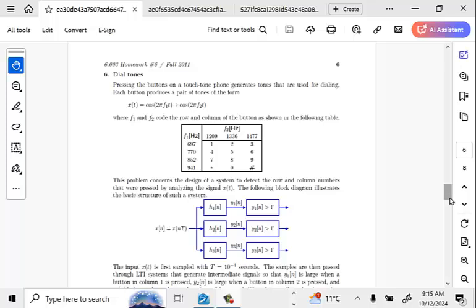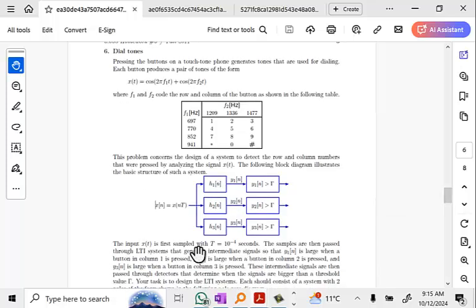Now, the input x of t is first sampled with T equals 10 to the minus 4 seconds. Okay, so that means that we are doing a discrete time problem, as you do typically with modern electronics, which is digital. Now, what does that mean? If T is 10 to the minus 4 seconds, and we are translating this continuous time system into a discrete time system, then what do these frequencies correspond to?